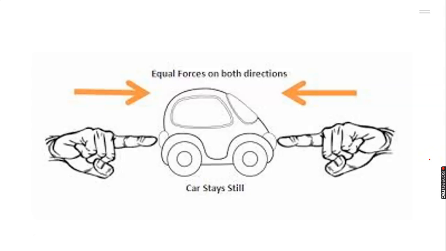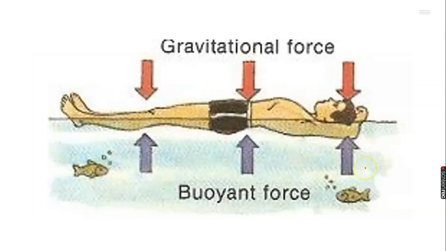Both of them are pushing the car. Do you think the car will move? No, the car will always stand still. So when you are swimming and you float, there is the force the water uses in acting on the body, called the buoyant force. It pushes up any object that is on water.